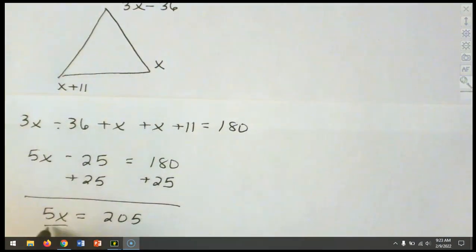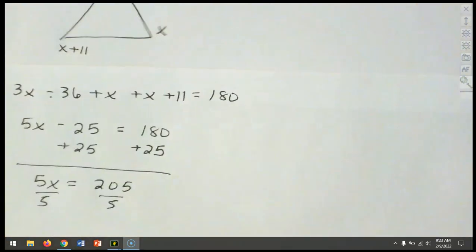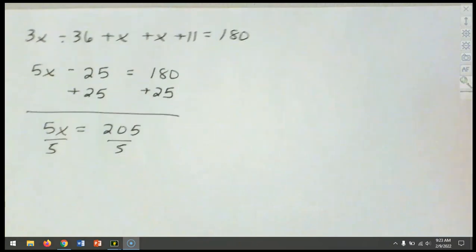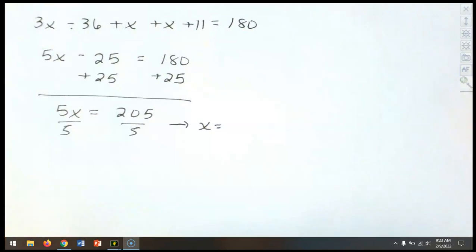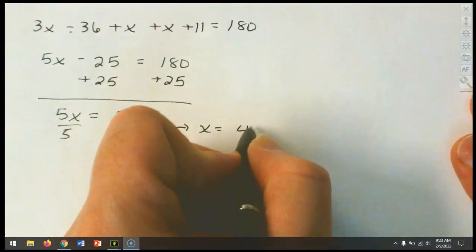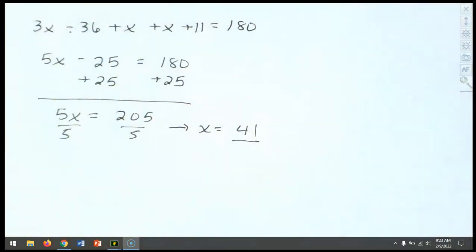We'll divide by our 5. And that leaves us then with x equaling 41.